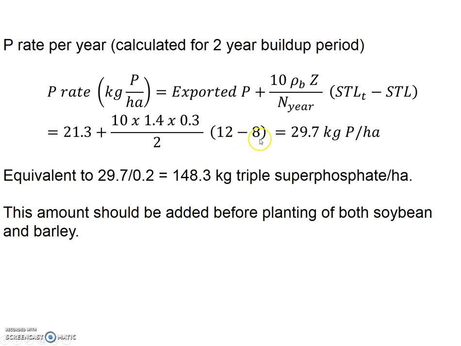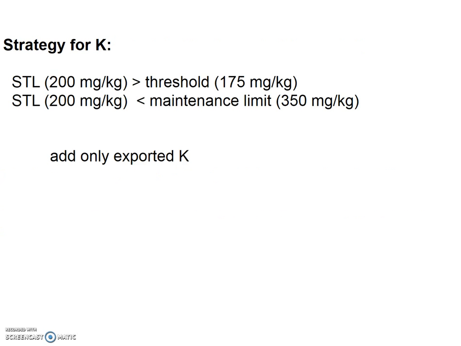These are 12 and 8, and we come up with 29.7. This total amount might be supplied using superphosphate, where the fraction of P in superphosphate is 0.2. So we could use 148.3 kilograms of triple superphosphate per hectare, adding that before both soybean and barley.